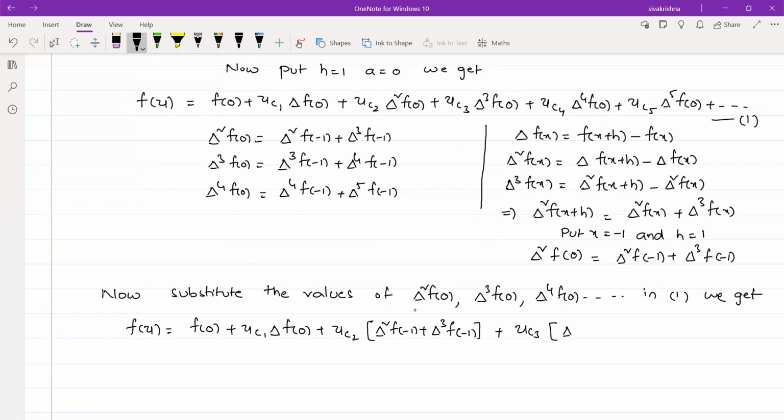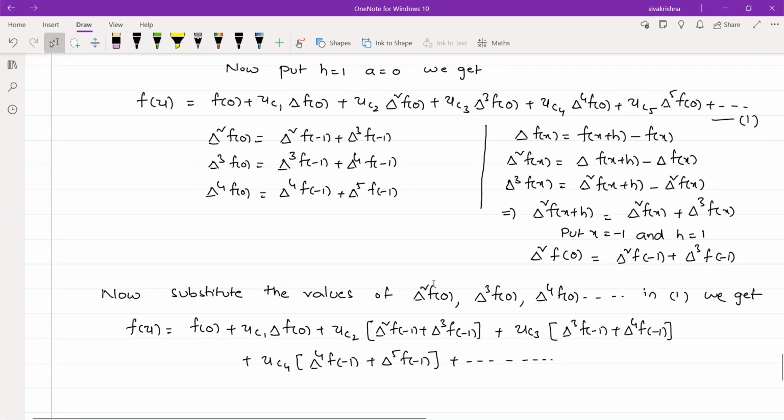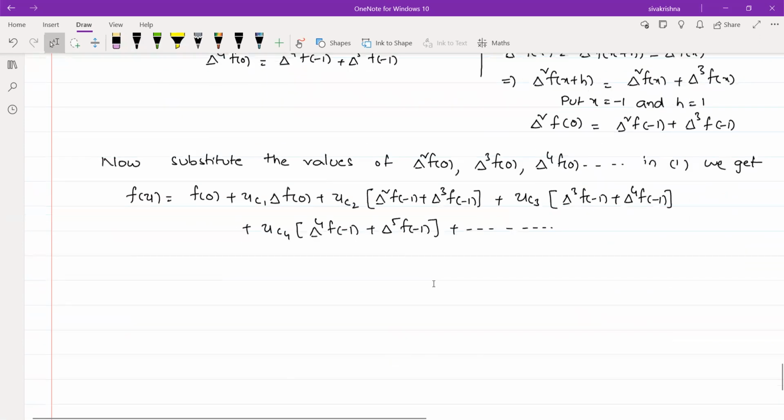So in place of delta cube f of 0 we have to write delta cube f of minus 1 plus delta power 4 f of minus 1. Okay, after that plus uc4 into delta power 4 f of 0. In place of delta power 4 f of 0 we have to write delta power 4 f of minus 1 plus delta power 5 f of minus 1, plus and so on. Okay, after substituting the values of delta square f of 0, delta cube f of 0, delta power 4 f of 0 in equation 1, we get this particular equation.